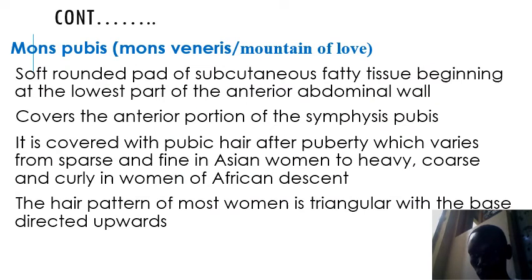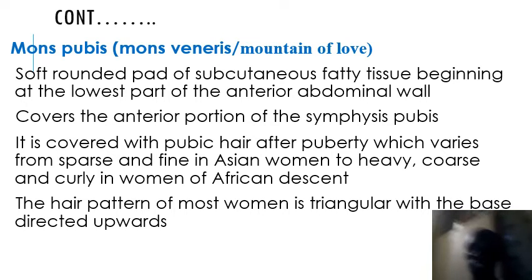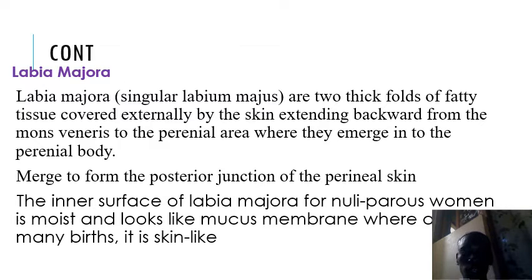So, pushing on, the mons pubis is made up of subcutaneous tissue, and it is found at the anterior abdominal wall, covering the anterior portion of the symphysis pubis. We have already discussed that. The labia majora are two thick folds of fatty tissue covered externally by skin, and the inside is covered by stratified squamous epithelial cells.